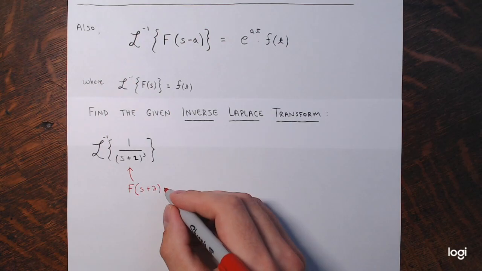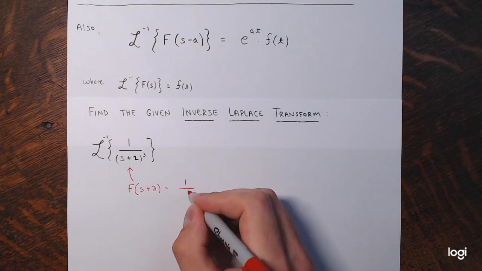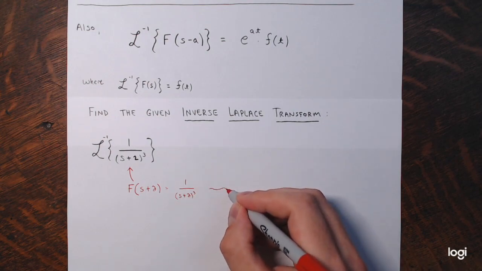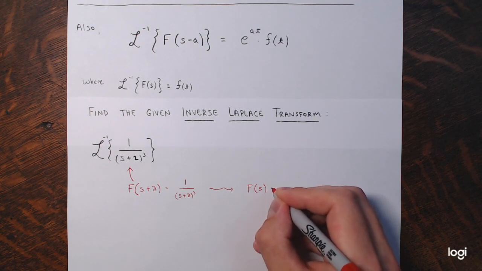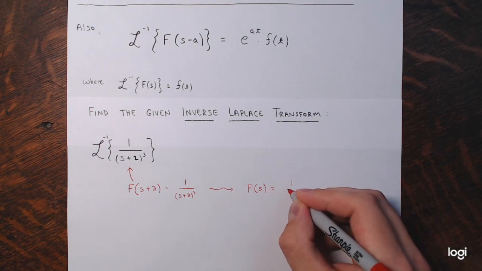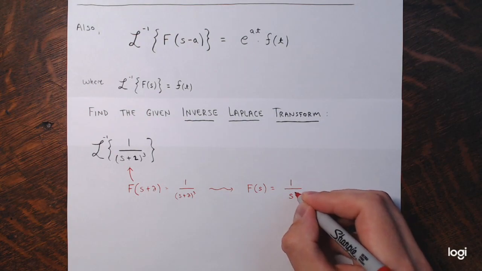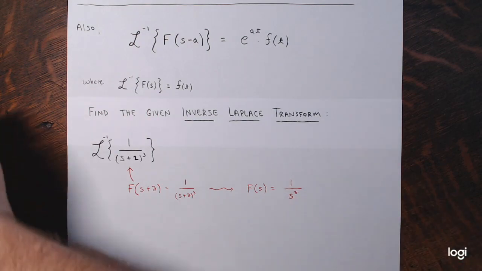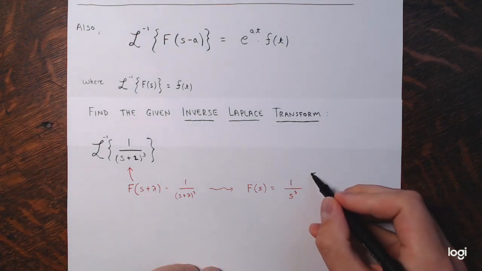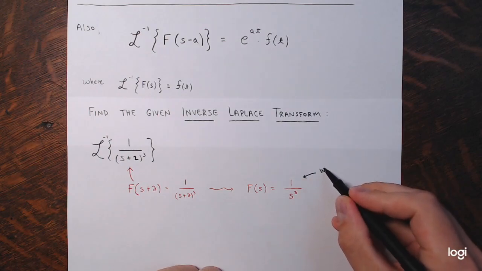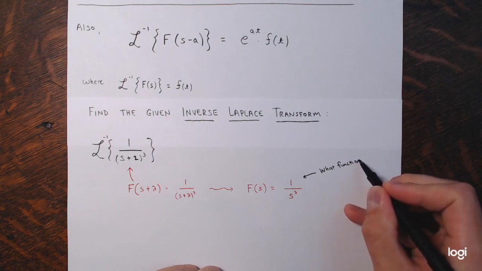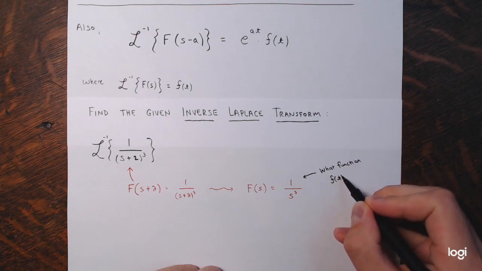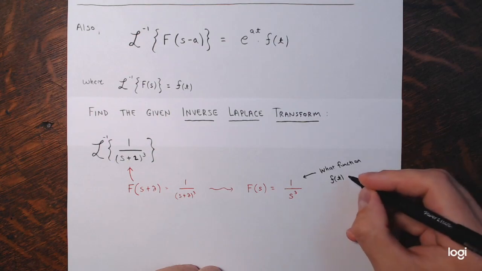All right, so let's say F of s plus 2 is 1 over s plus 2 cubed, meaning that F of s is just 1 over s cubed. And now I want to think, what function f of t has this as a Laplace transform?